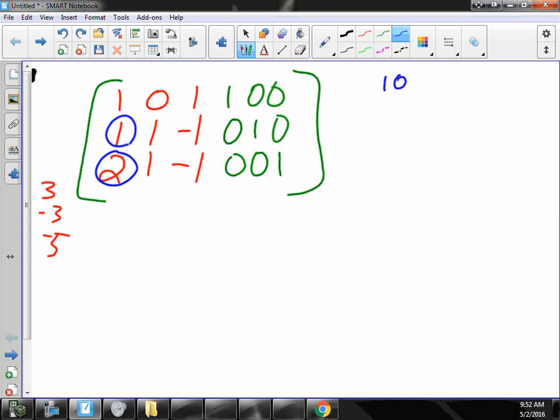So 1, 0, 1, 1, 0, 0. First minus second. So 1 minus 1 is 0. 0 minus 1 is -1. 1 minus -1 is 2. 1 minus 0 is 1. 0 minus 1 is -1 and 0. And I'm going to go ahead and change the signs on those.